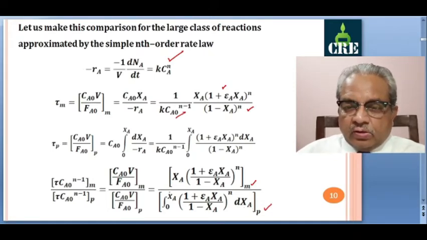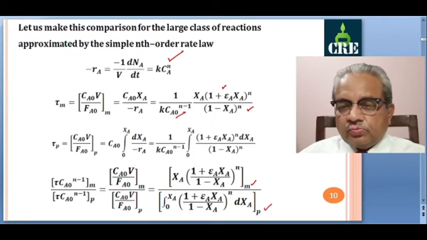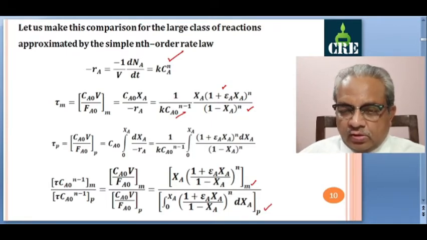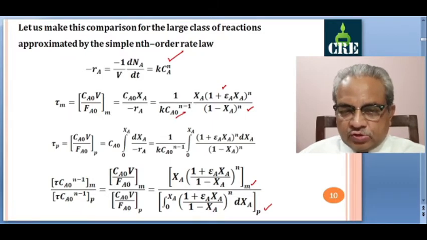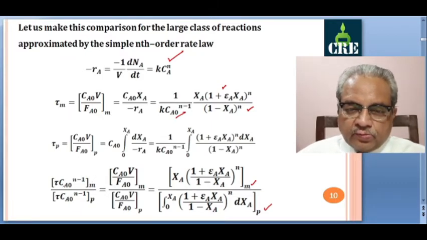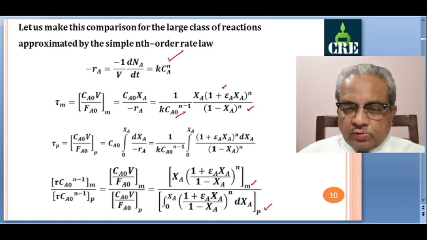Now if you substitute epsilon equal to 0, to make it simple, for any epsilon you have to take this ratio. So here you will solve this integral, here this expression, and you will get some ratio of tau m to tau p, where n may vary because we are considering this general expression.